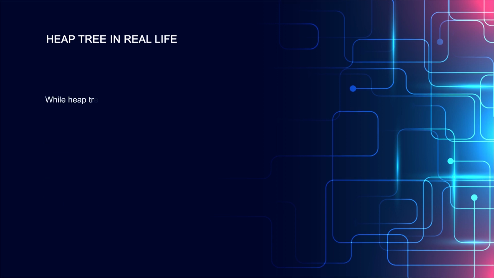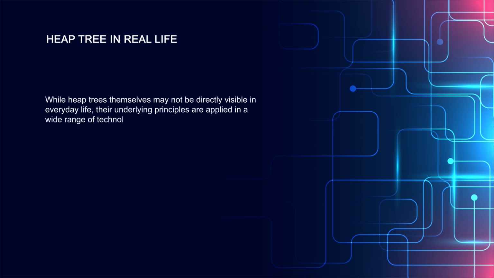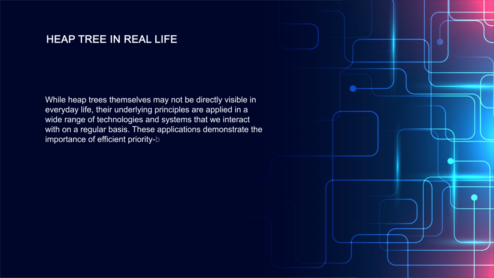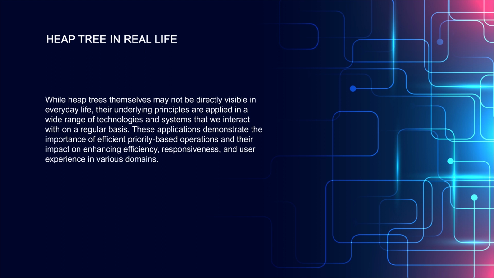While heap trees themselves may not be directly visible in everyday life, their underlying principles are applied in a wide range of technologies and systems that we interact with on a regular basis. These applications demonstrate the importance of efficient priority-based operations and their impact on enhancing efficiency, responsiveness and the user experience in various domains.